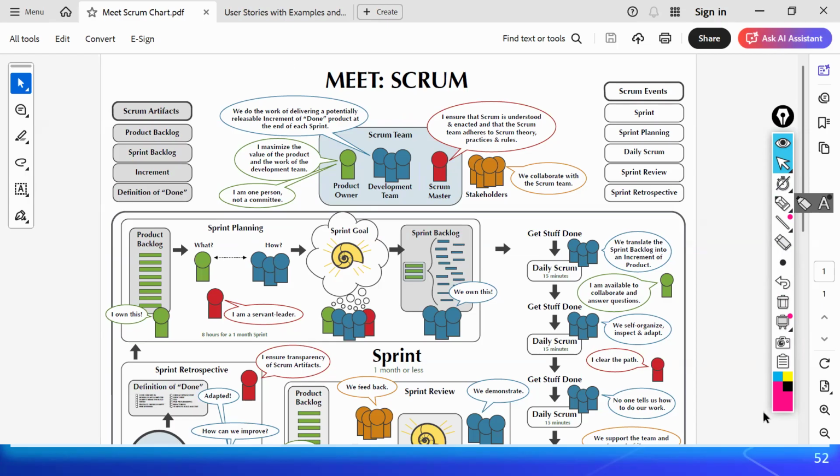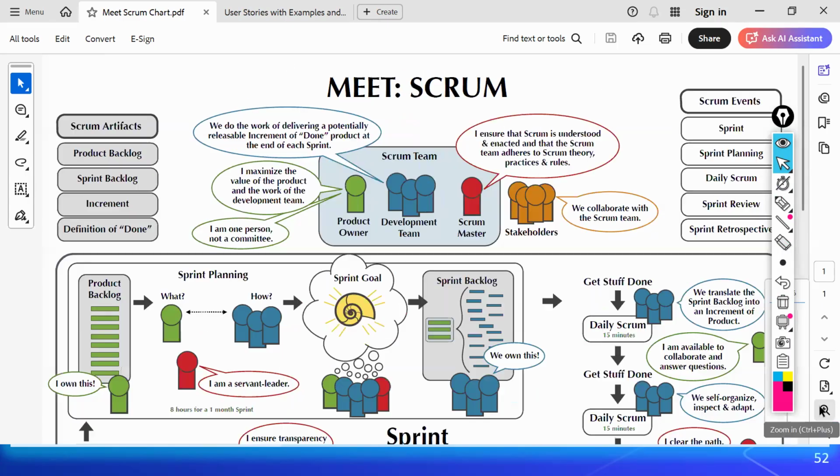Now, since you have told me that you're already aware of this, what we have here is our Scrum team, because we are going with Agile Scrum.